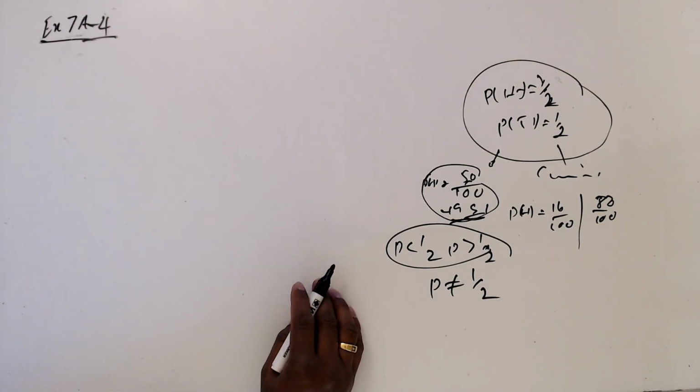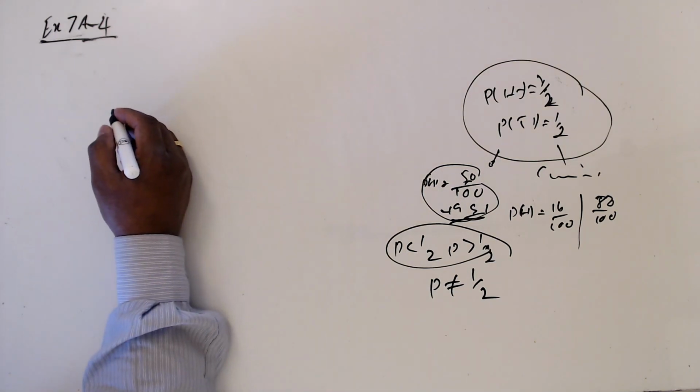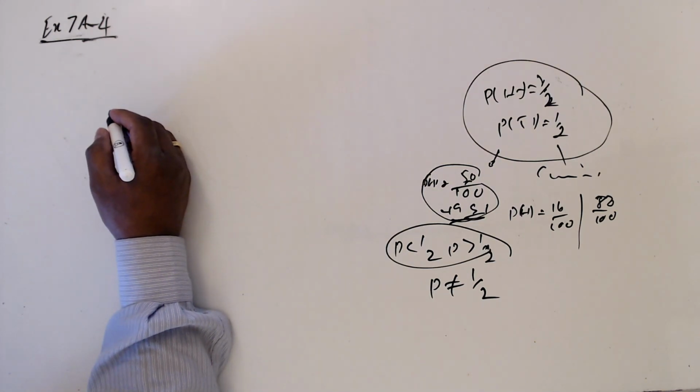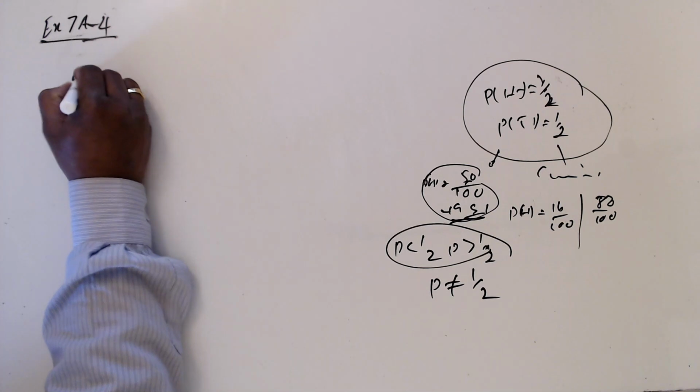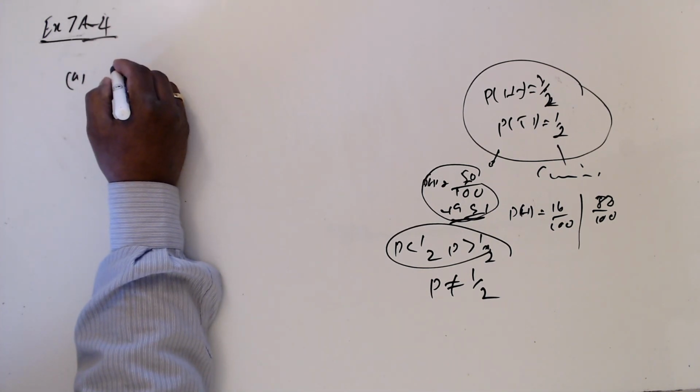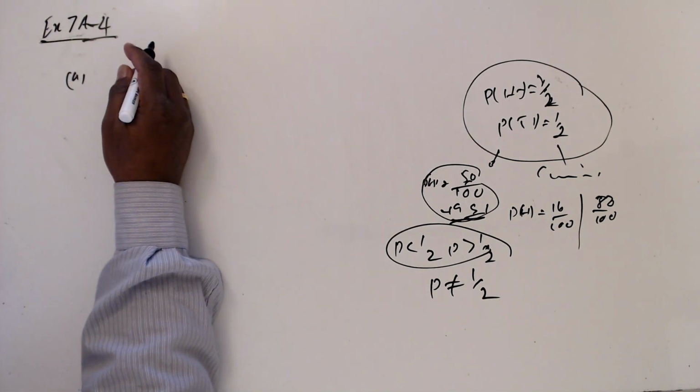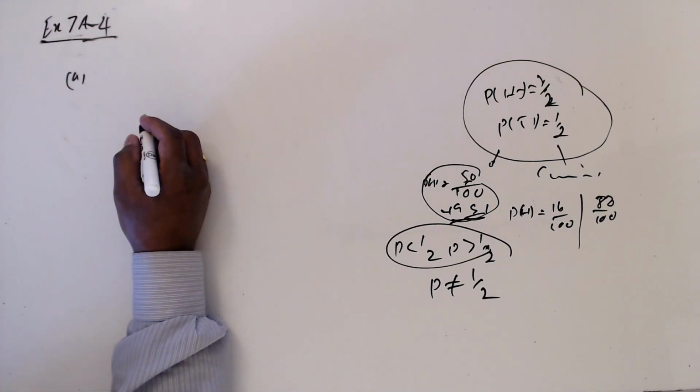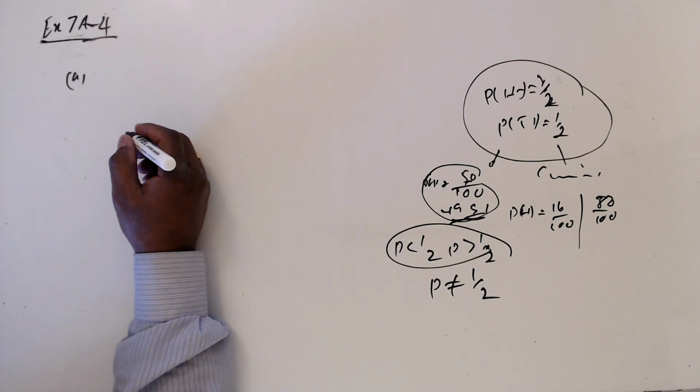So then the test statistic. Part A explains the mistake. She is saying that the test statistic is the probability of the coin landing on heads.